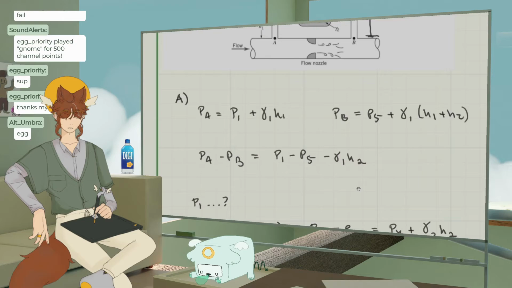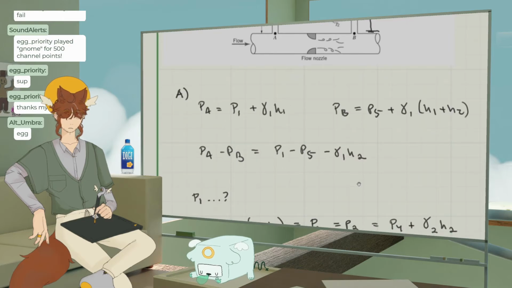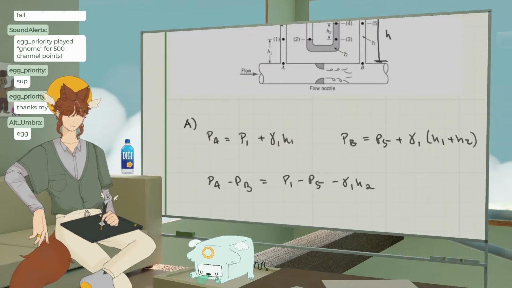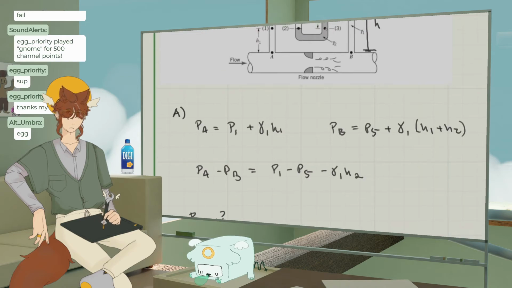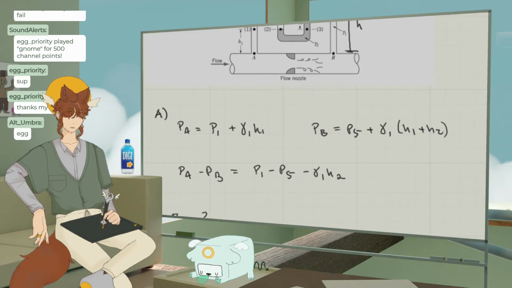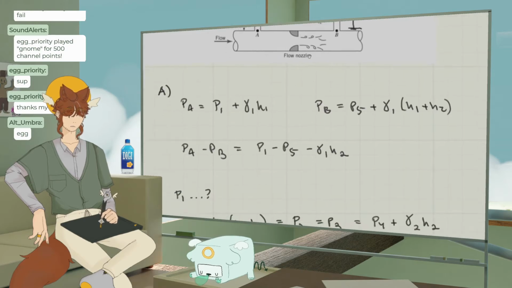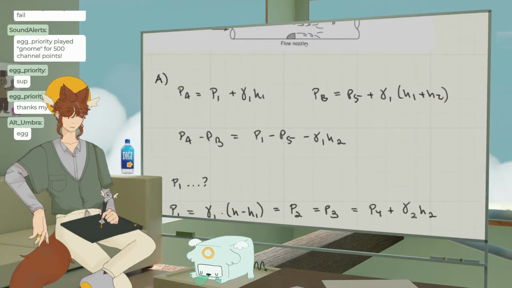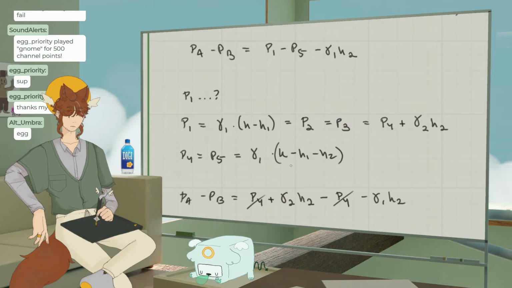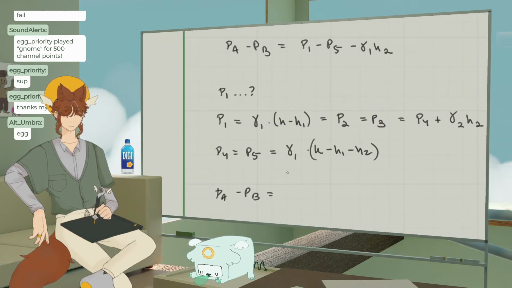So P1 equals gamma 1 times H minus H1, okay. That equals here, which equals here, we're chilling. And P3 equals this, plus, sure, P4, 5, yeah. Okay, maybe let me write it out a little bit bigger. I'm kind of doing myself a disservice here.